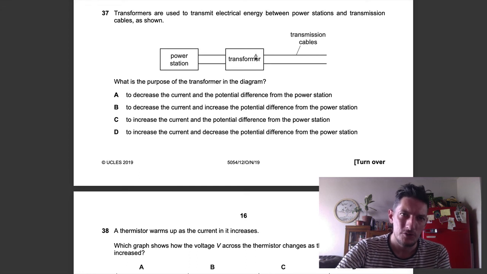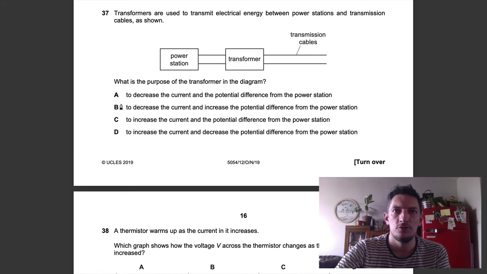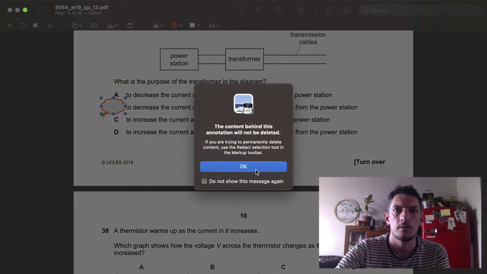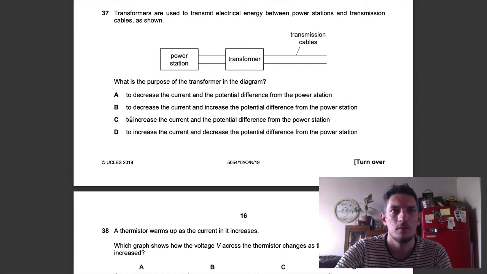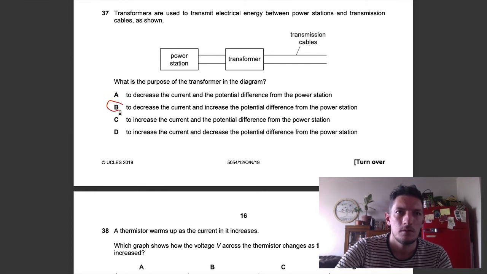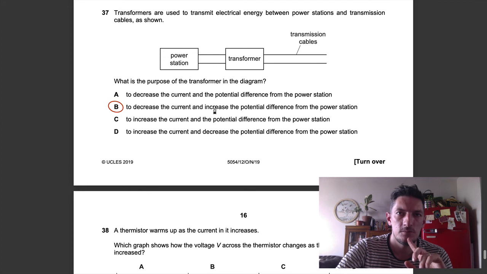High voltage implies a lower current. And that's why you lose less. It's B. High voltage means a high potential difference with a low current.